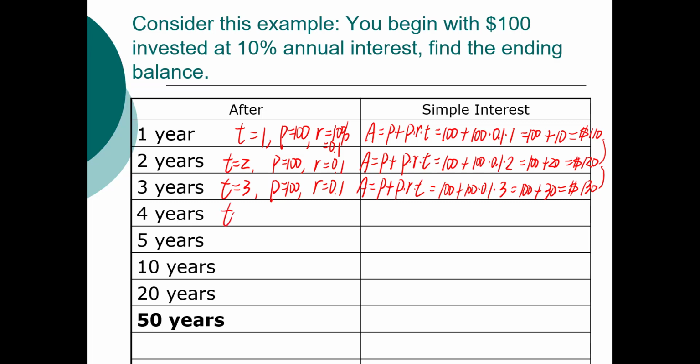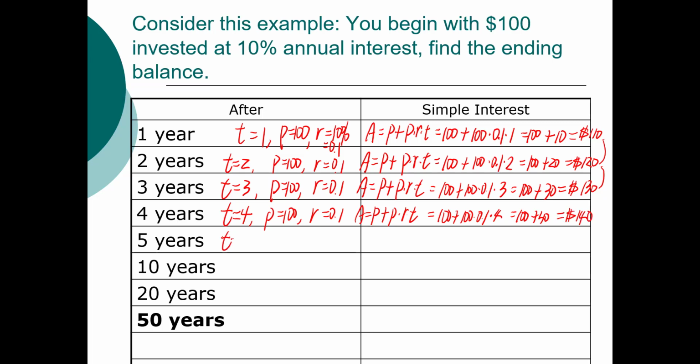Time T equals 4. Ending balance is principal plus principal times R times T. That's 100 plus 100 times 0.1 times 4, that is 100 plus 40, so this is $140.